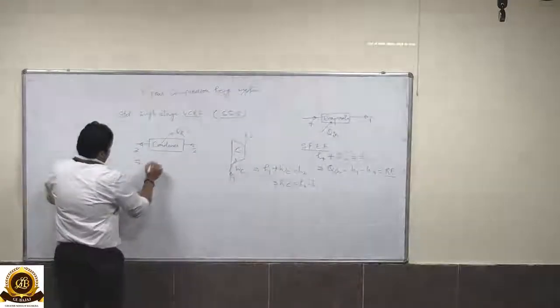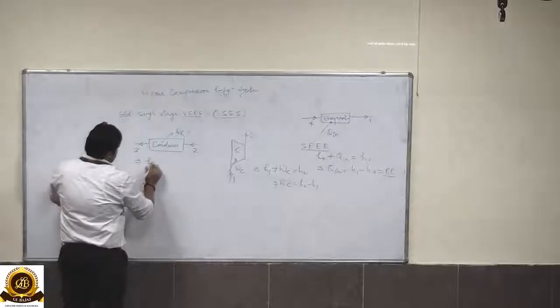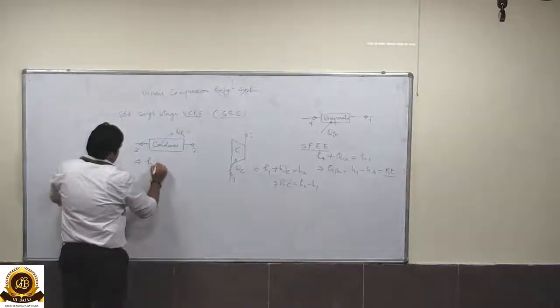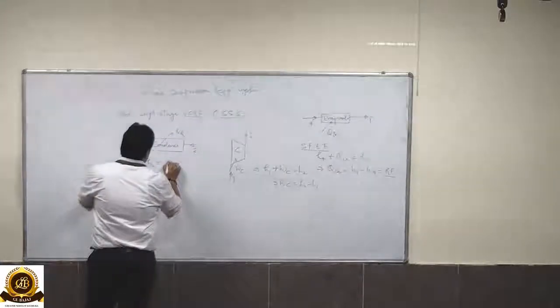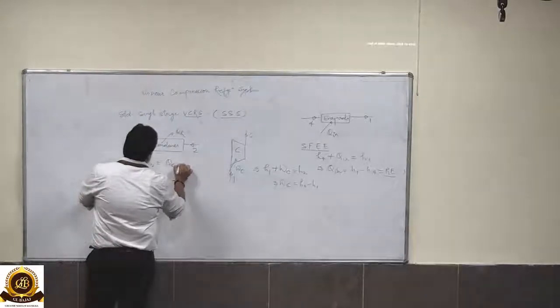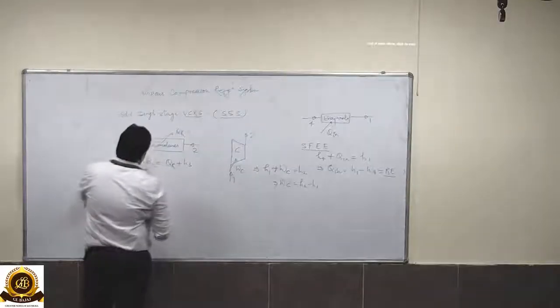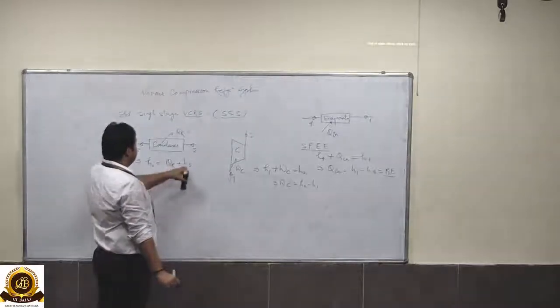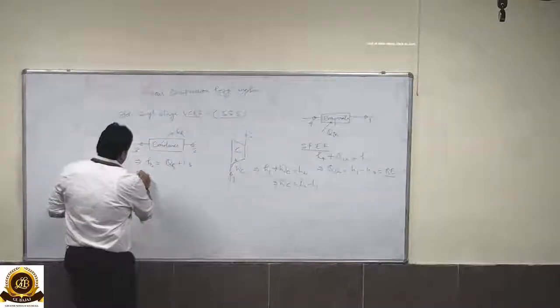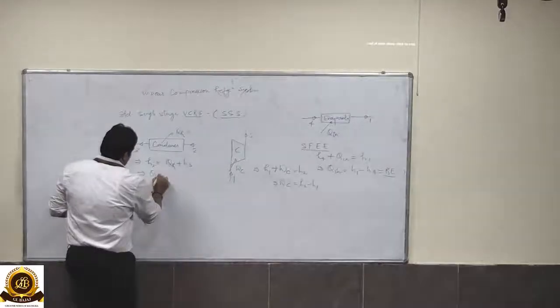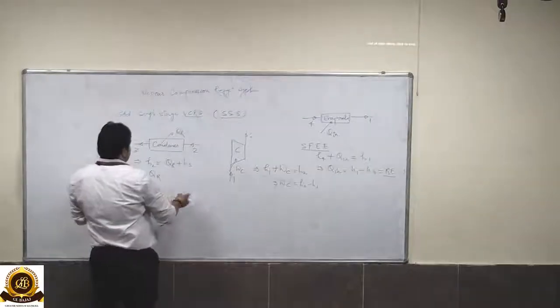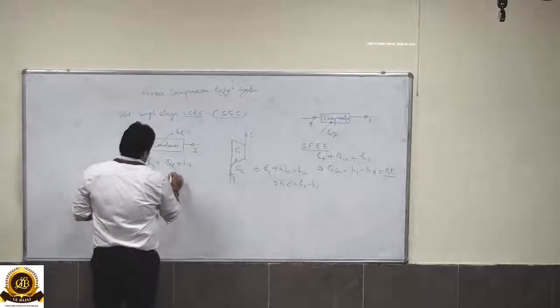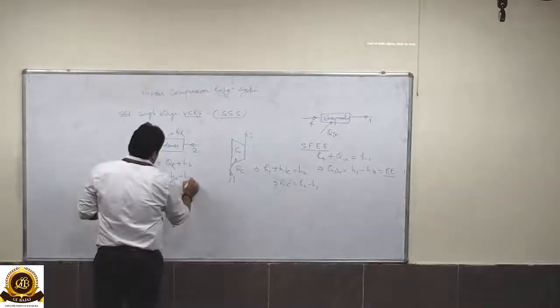If we apply the energy balance, we get H2 is equal to QR plus H3. Enthalpy at point 2 is equal to the heat rejected plus enthalpy at point 3. So the value of heat rejection is given as H2 minus H3.